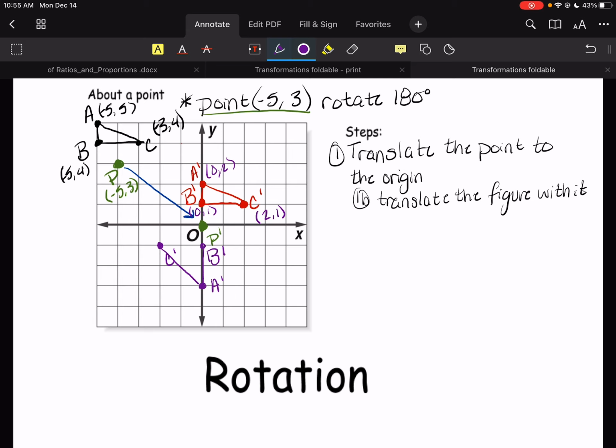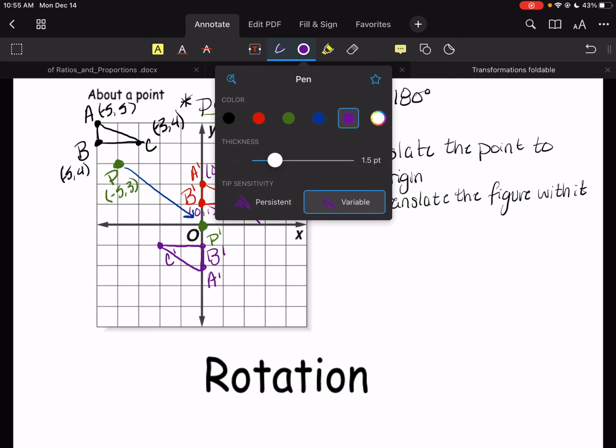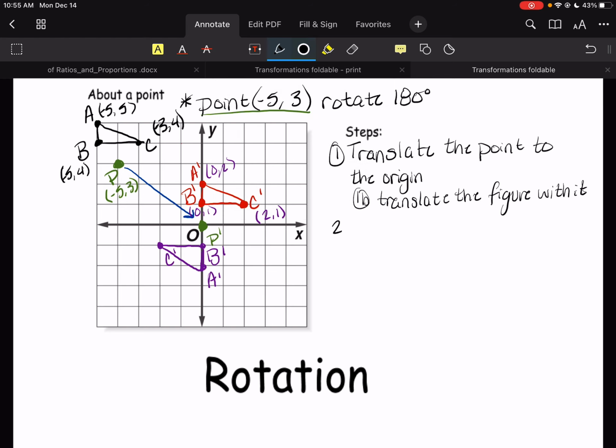Oops, I did not put that at negative 2, I put that at negative 3. There we go. So that is what your new figure is going to look like, but we can't finish it off now. So step 2 is to rotate using the rules we know.